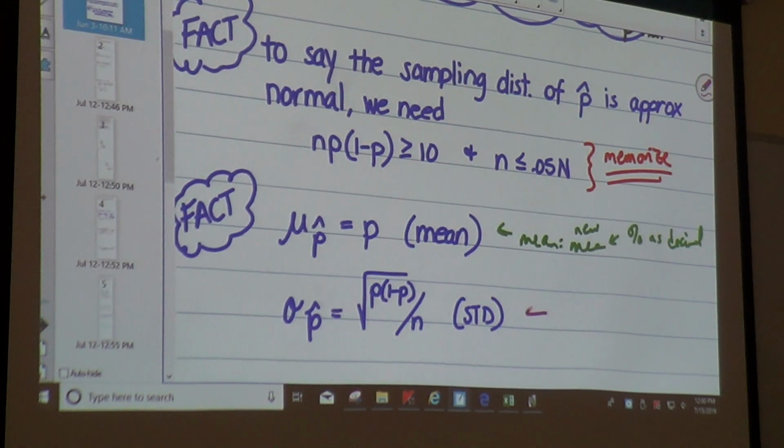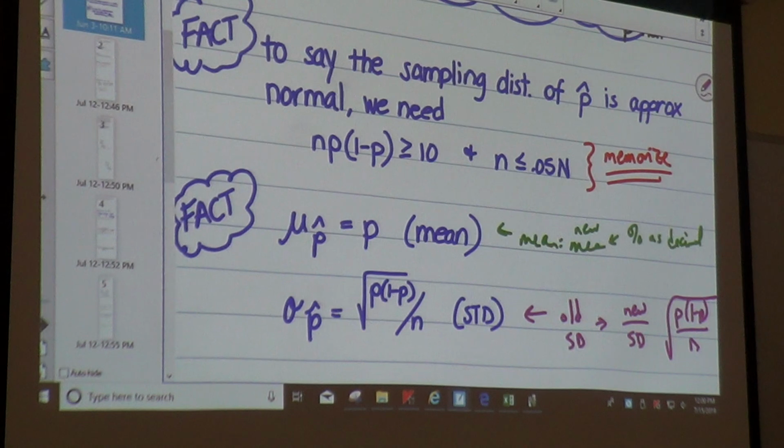And then this one is talking about going from our old standard deviation to our new standard deviation. So you're still doing all the basic steps. It's just new formulas. p times parentheses 1 minus p, all over n, and you're taking the square root of the whole thing. That's our new standard deviation.